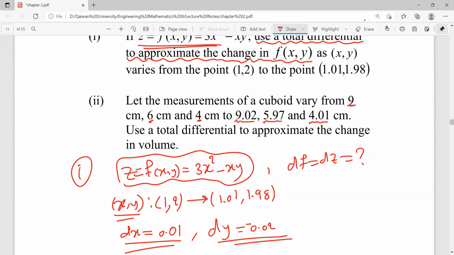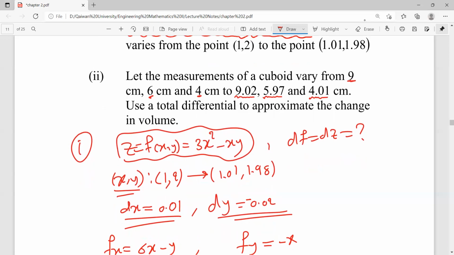That means 9 is changed to 9.02, 6 becomes 5.97, and 4 becomes 4.01. We should use the total differential to approximate the change in volume.